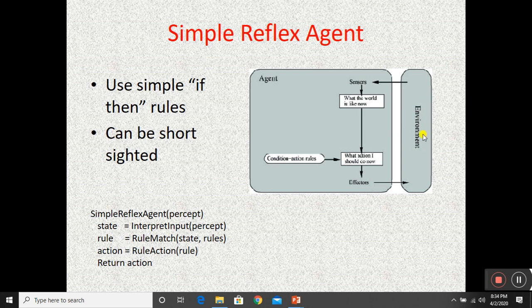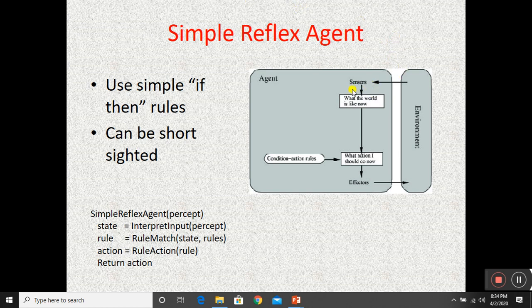Here we have the environment, and this is the agent body. So what is inside the body of the agent? Here is the sensor, which could be a smoke sensor, a light sensor, or a noise sensor.